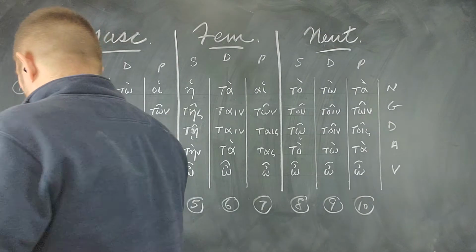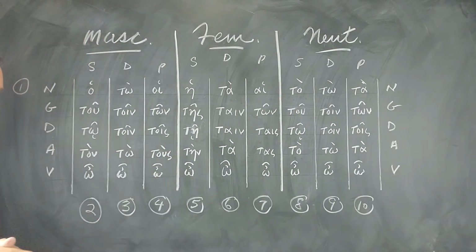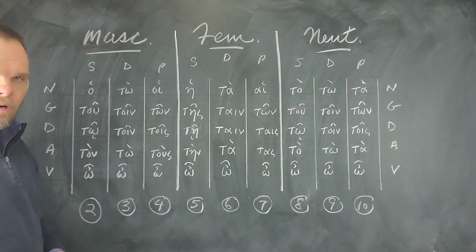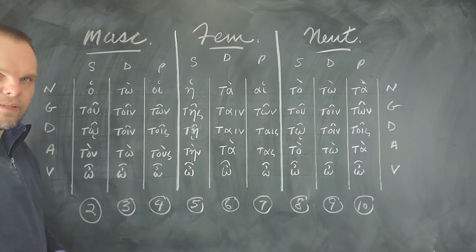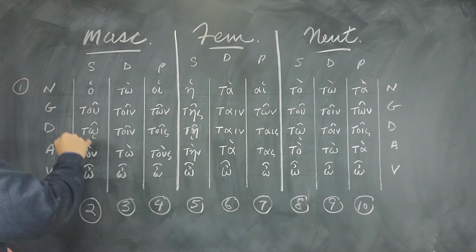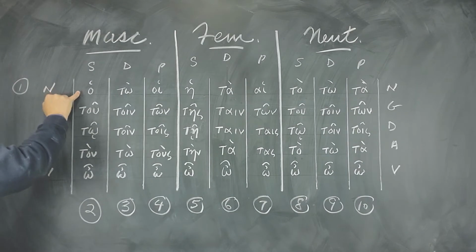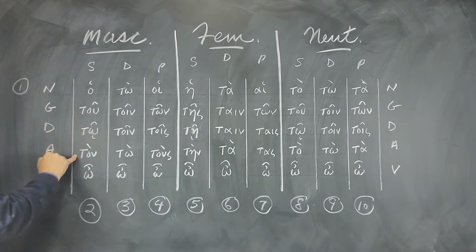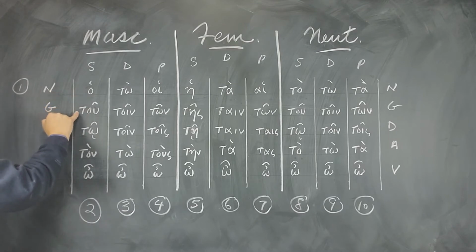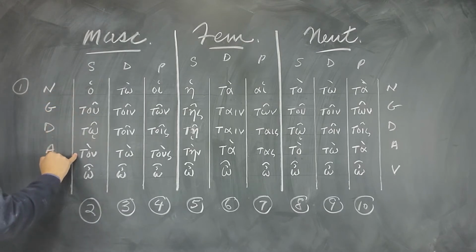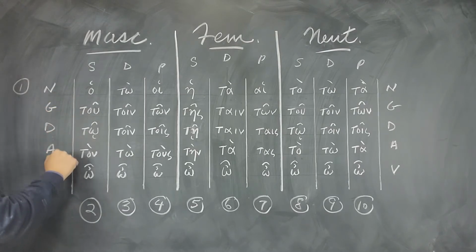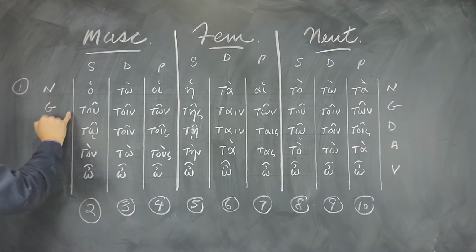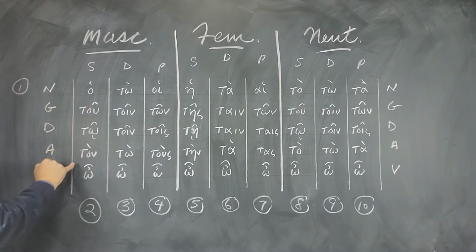So if I were to say to you, decline the masculine singular article, you would start: ho, tou, to, ton, o. Ho, tou, to, ton, o.